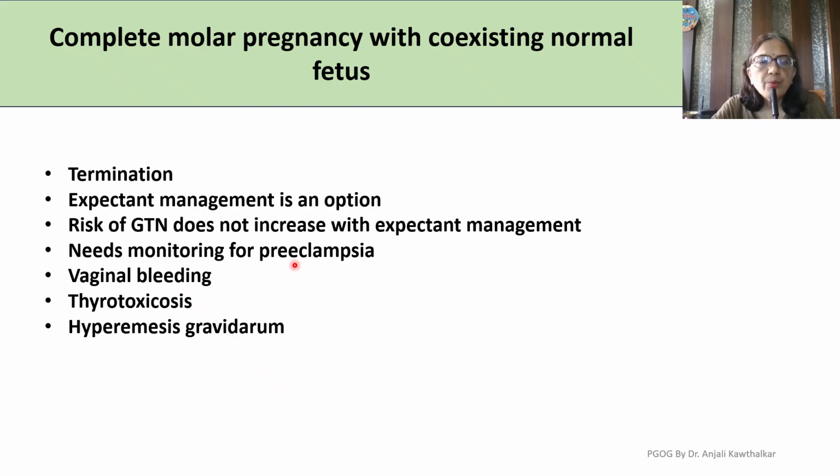Pregnancy needs monitoring for preeclampsia, antepartum hemorrhage, thyrotoxicosis, and hyperemesis gravidarum whenever there is a complete molar pregnancy associated with a normal fetus, and when the termination is not done and pregnancy is managed with an expectant line of management.